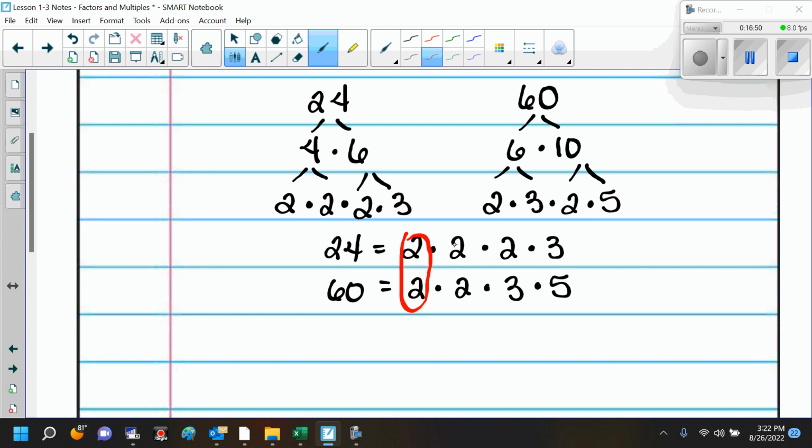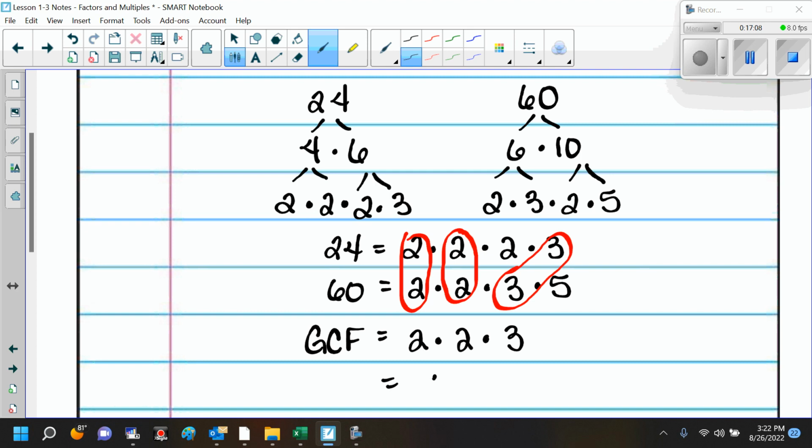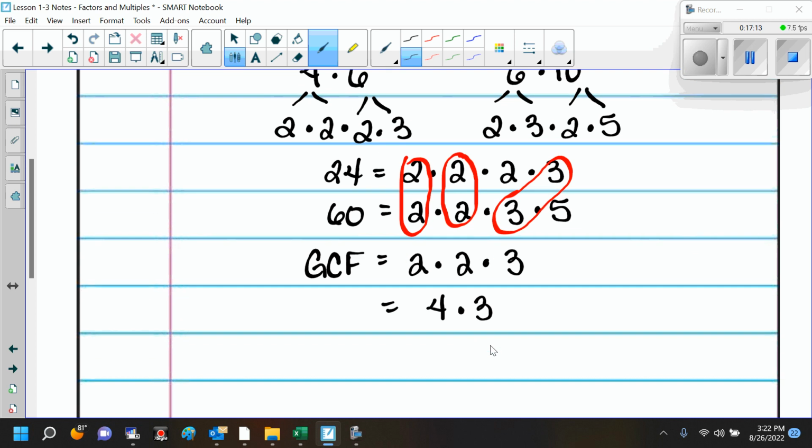So we've got 2's in common here, 2's in common there, and 3's in common there. So to find the greatest common factor, we're going to multiply 2 times 2 times 3. So 2 times 2 is 4 times 3 is 12. So the greatest common factor of 24 and 60 is 12.